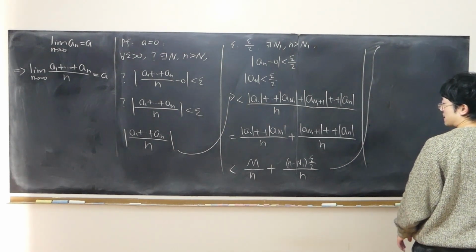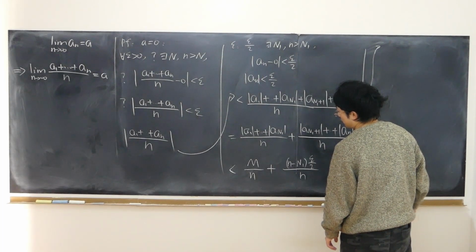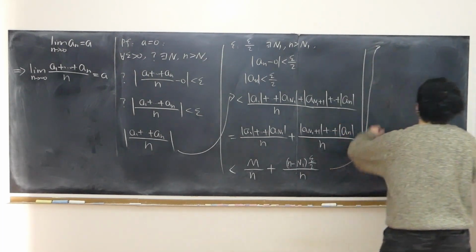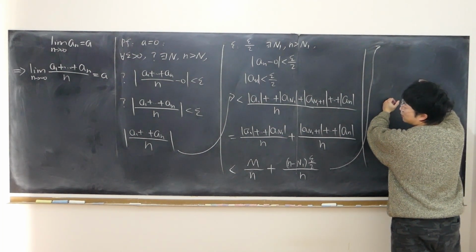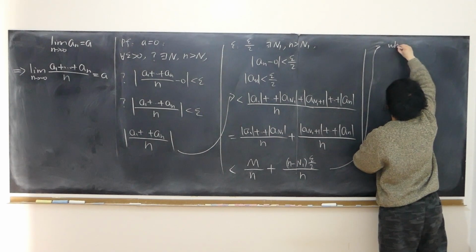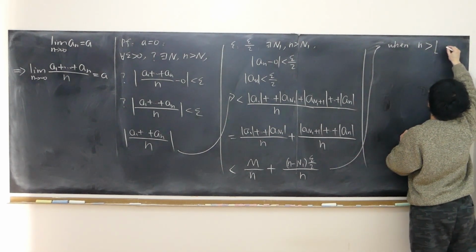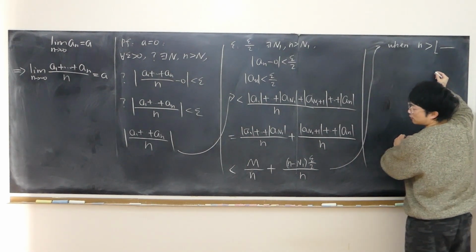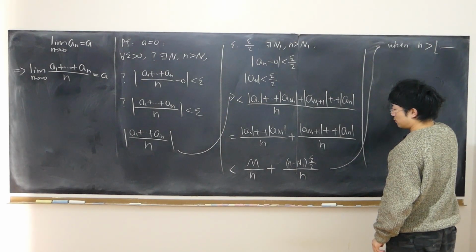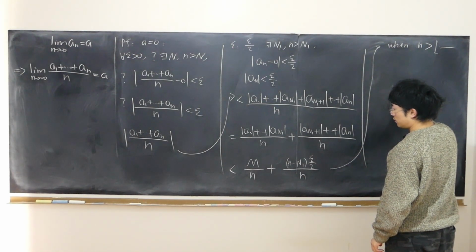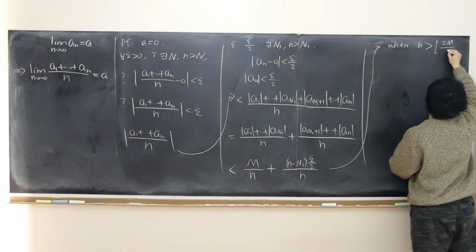Again, fixed capital M over little n approaches 0. But to write it in mathematics, we have to let n be large enough, larger than the floor of 2M over epsilon.